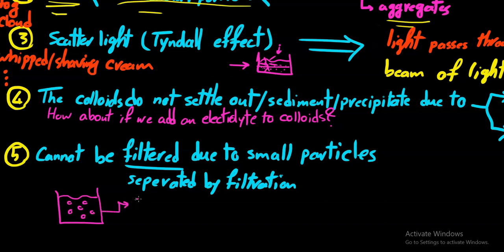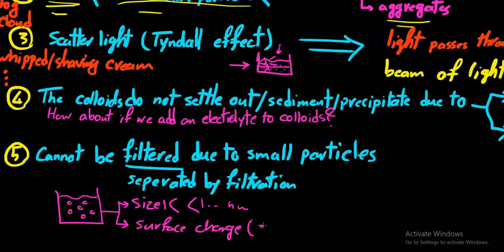One, in terms of size, as I told you, they are bigger than the particle size in solutions but smaller than the particle size in suspensions. And I told you the size numbers, bigger than 1 nanometer and smaller than 1000 nanometers. But another very important characteristic of colloid particles is that all of them have a kind of surface charge that we usually call zeta potential.